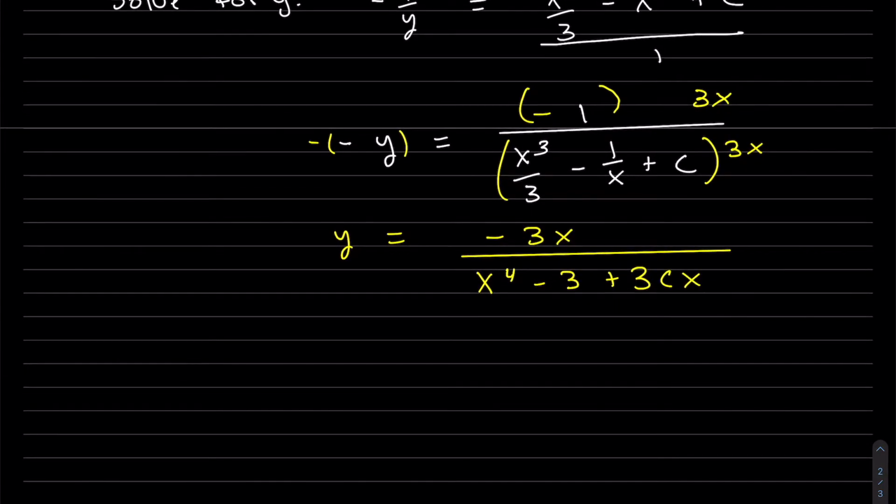So one more thing we can do that I see, we have a 3c. C is a constant. It could be any real number. 3 is a real number. So we don't really need that 3 there. I say it gets absorbed into the constant. So we can basically rewrite this, instead of 3c, we can just use c. We don't need to use another constant.